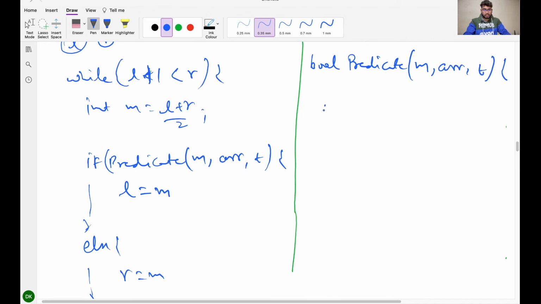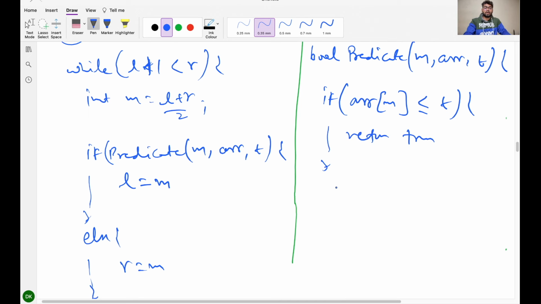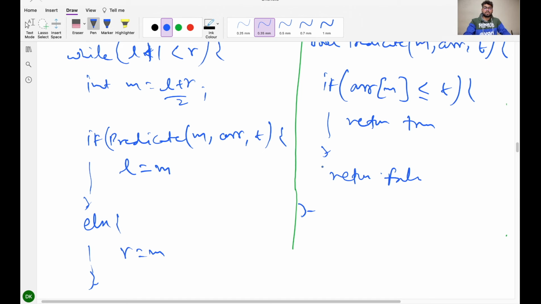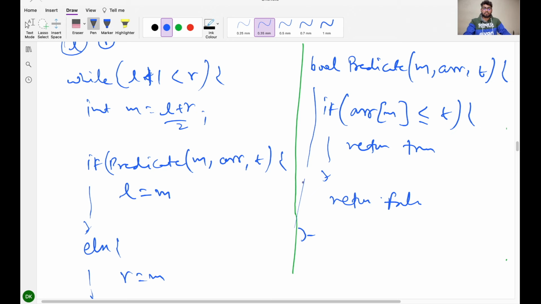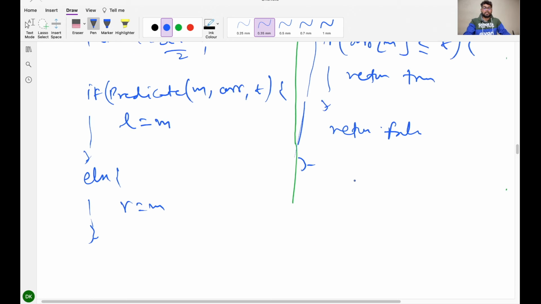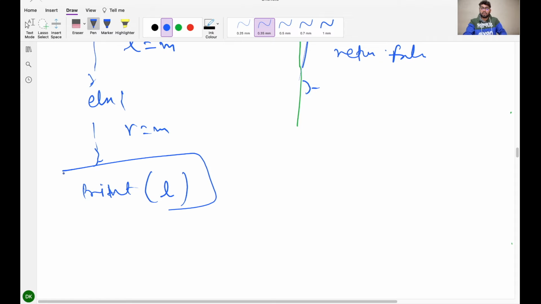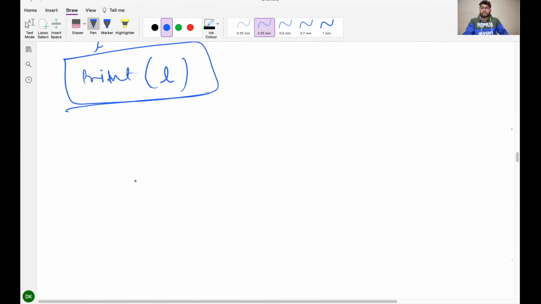Okay, and check if my array[m] is less than or equal to target, I just have to return true, else I just have to return false. And after that I just have to return or print my L.